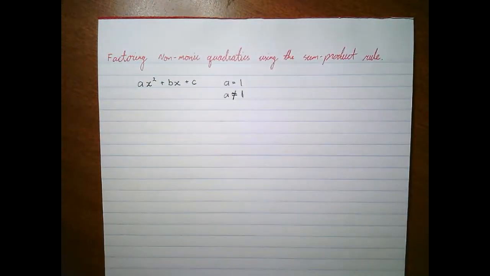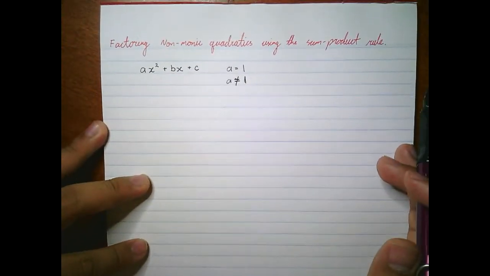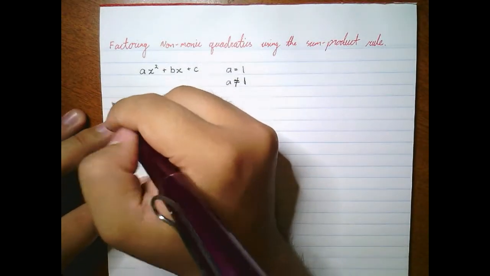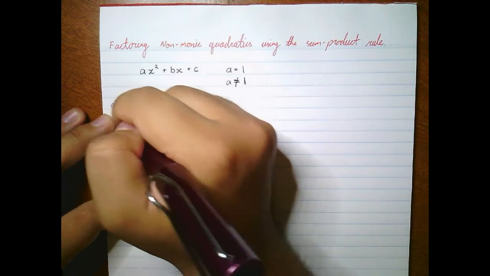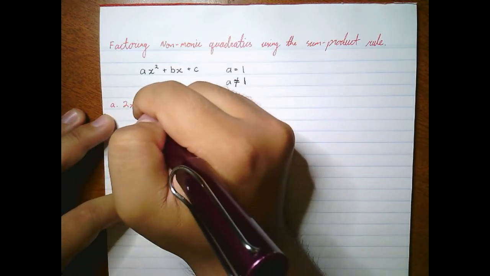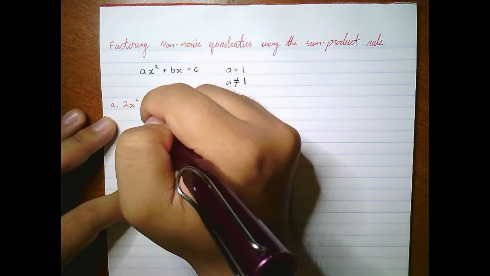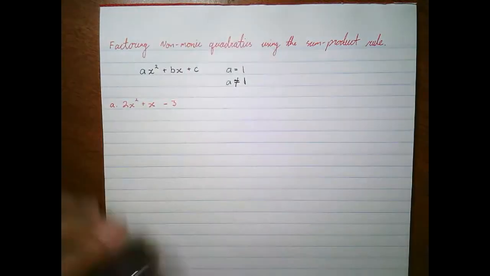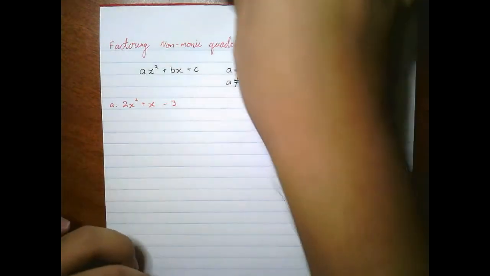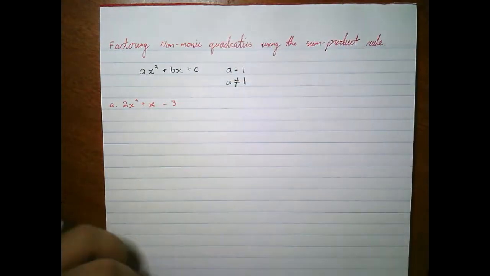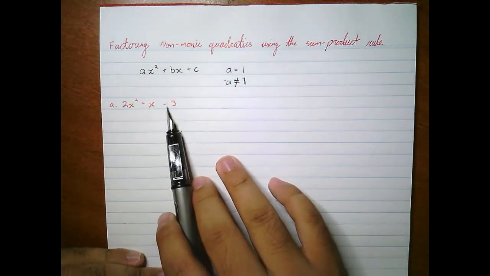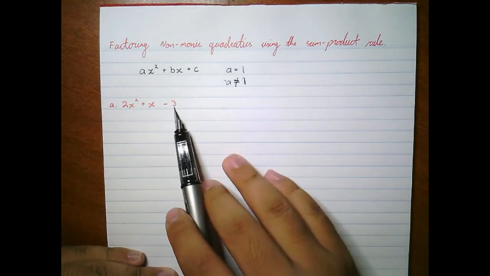Now, the method is very similar. There are some slight tweaks that we have to make it effective. We get 2x squared plus x minus 3. In the previous examples for quadratics, we needed factors of -3.